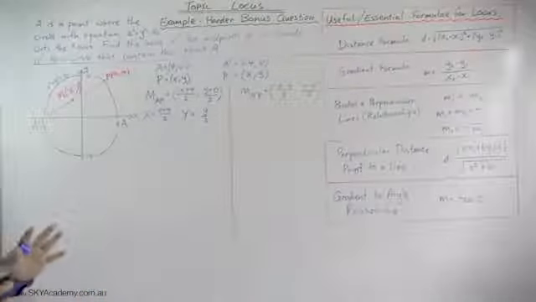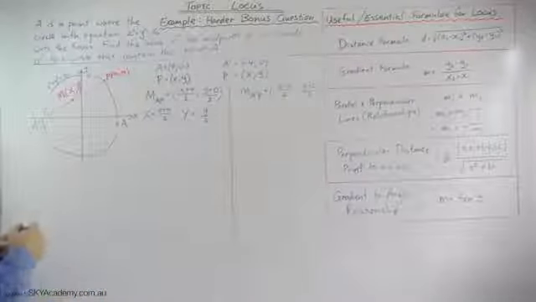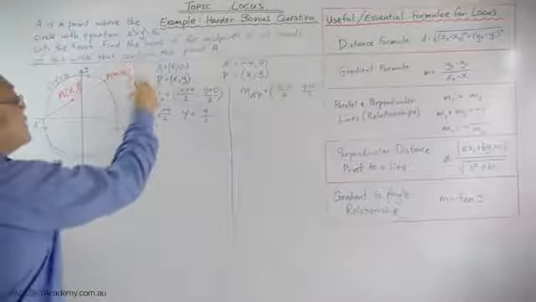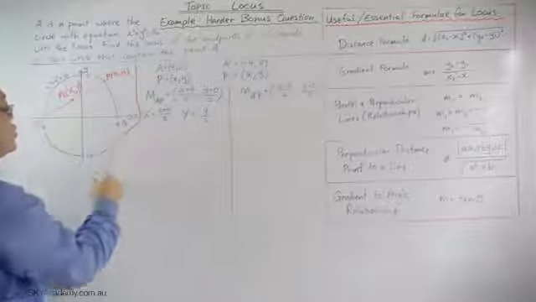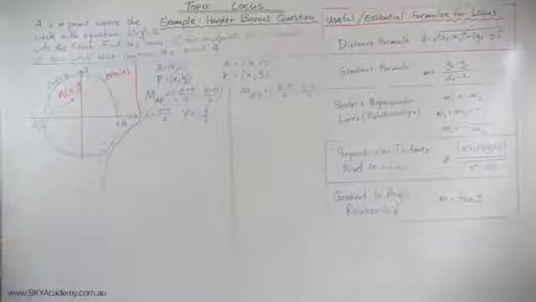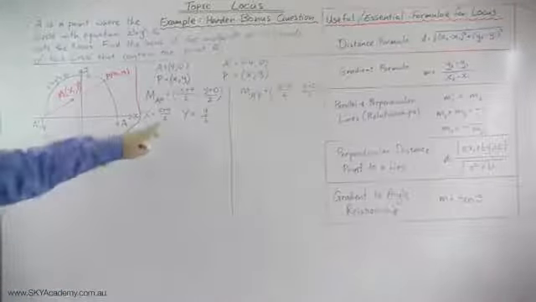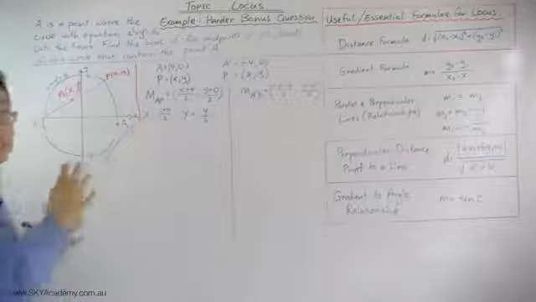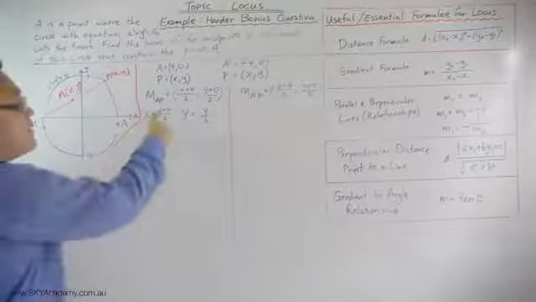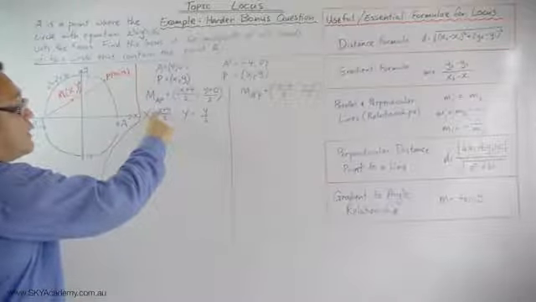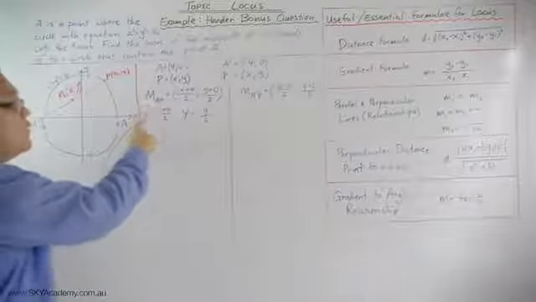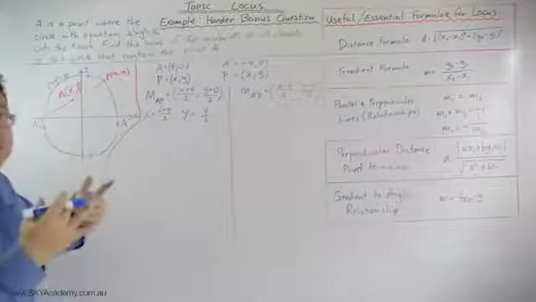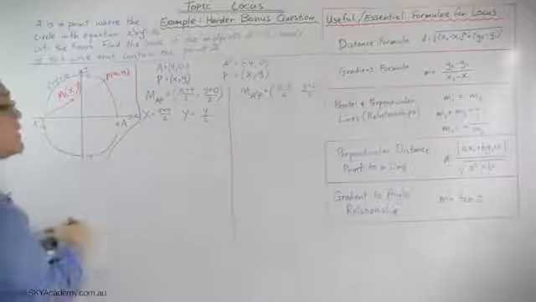Does that make sense? This is the sneaky bit: I'm going to take the small x coordinate here, not the midpoint coordinate, and make that the subject of the formula. So let's do that.